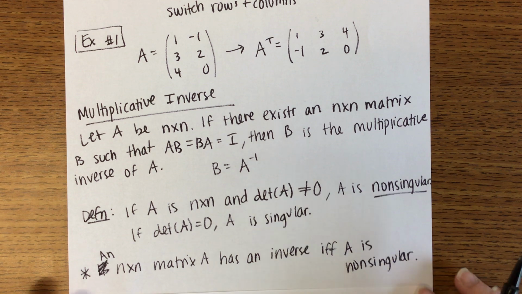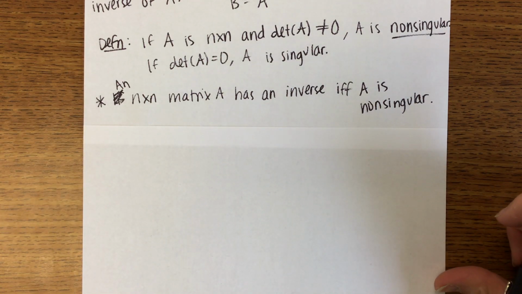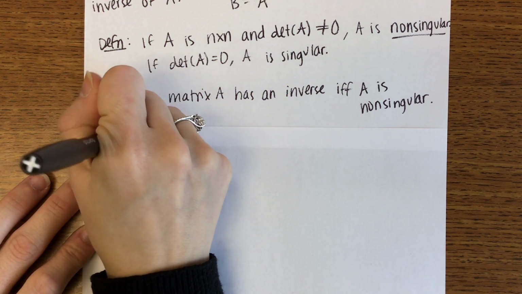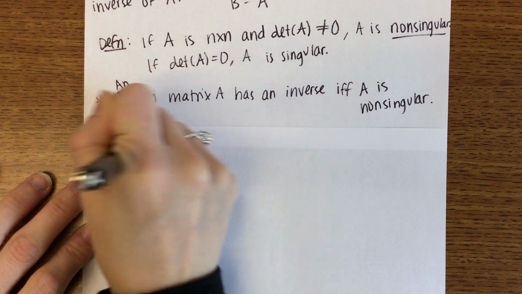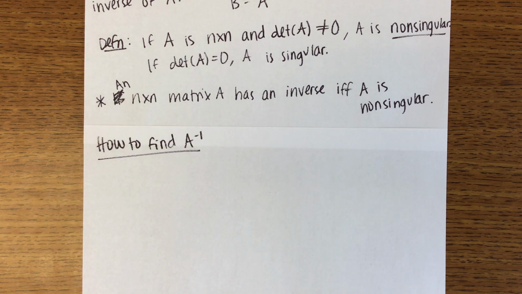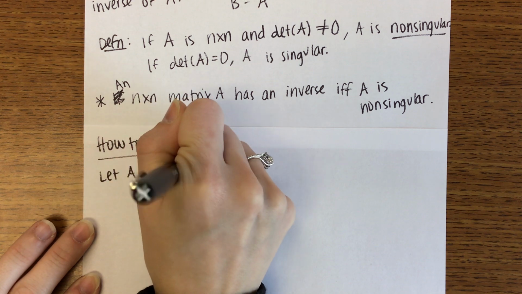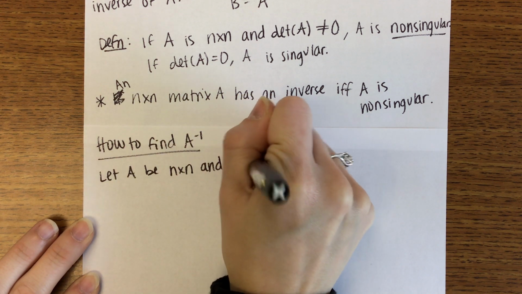Okay, so this is leading us into how to actually find the inverse. We will be doing it without a calculator. Let A be n by n and non-singular.